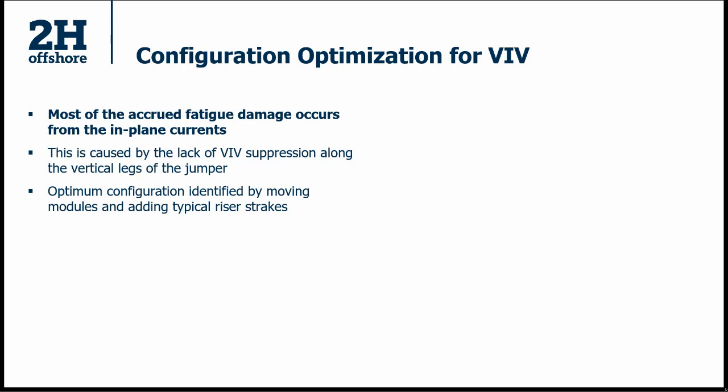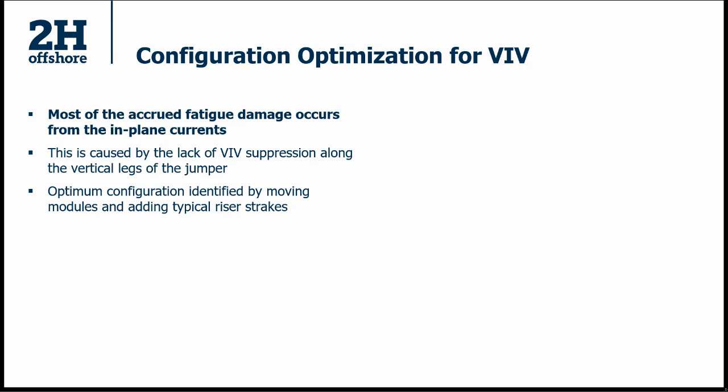But that would have been far too easy, right? We engineers, we like to do things the hard and fun way. So we went about a process where we were trying to borrow modules and strakes from jumpers that were doing really well and move them onto jumpers which needed some additional suppression.